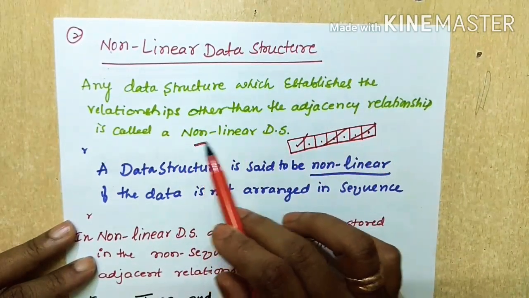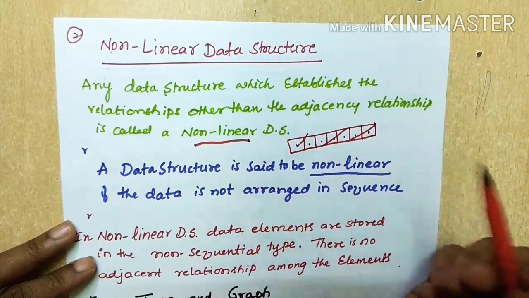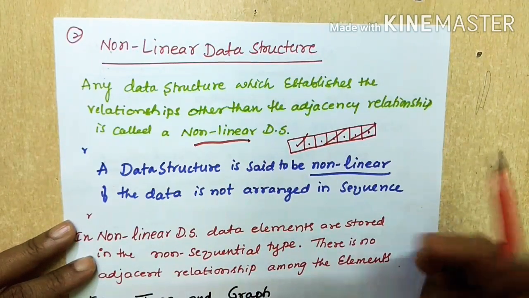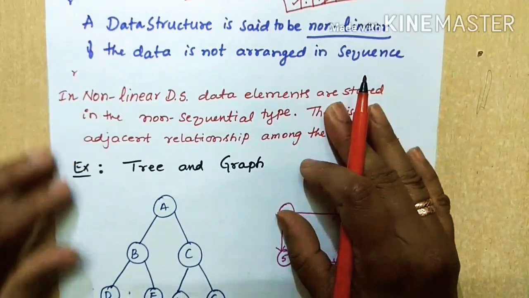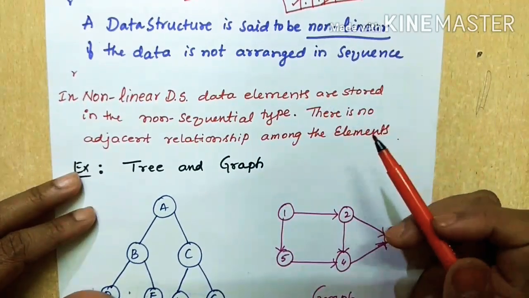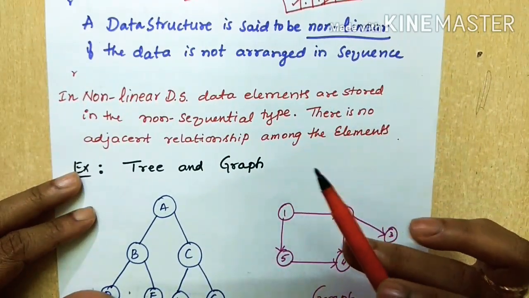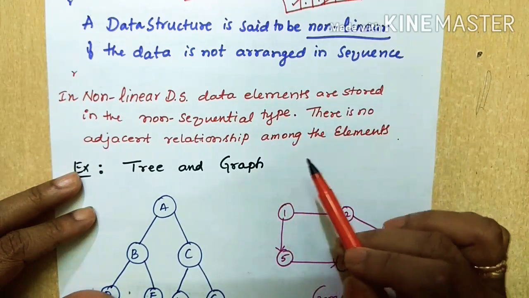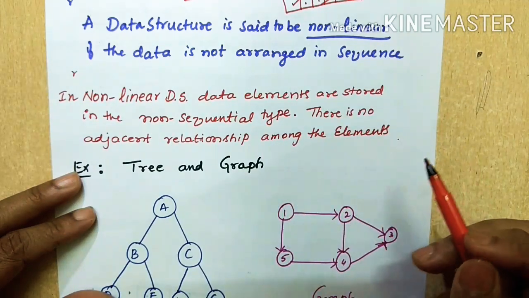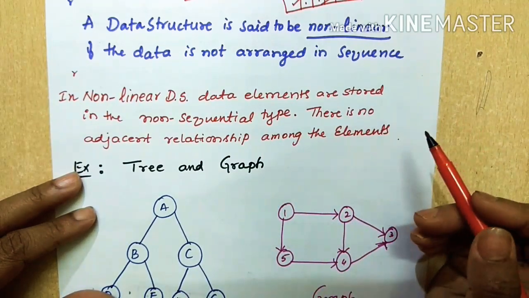The elements are stored non-sequentially. There is no adjacent relationship among the elements.